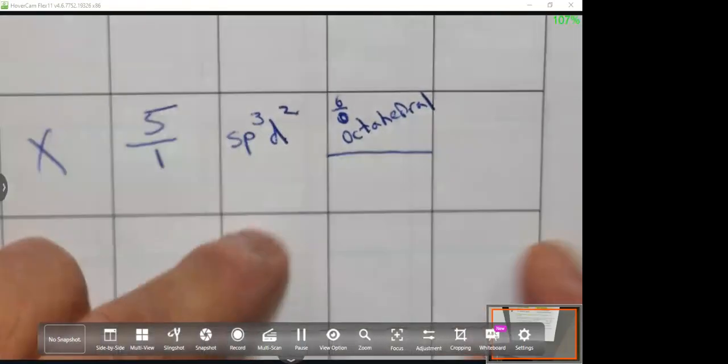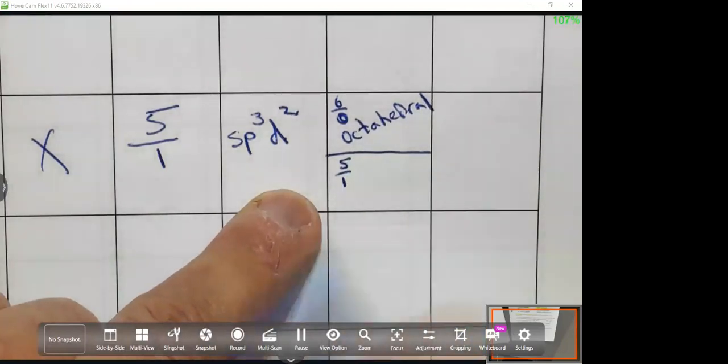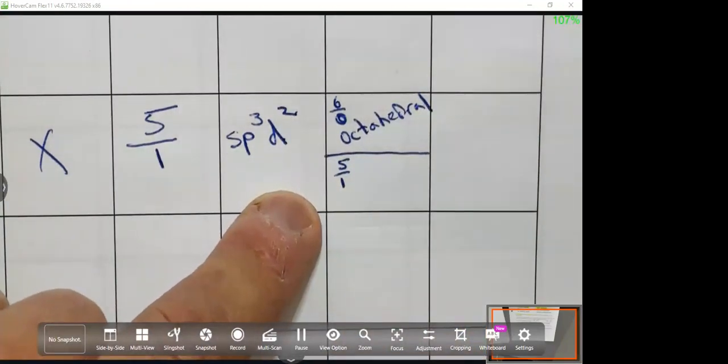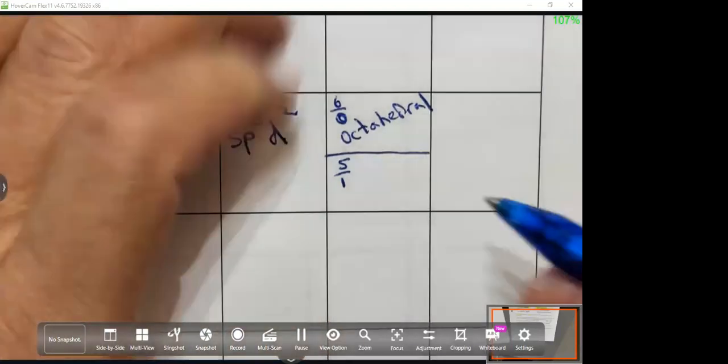What is my true molecular geometry? 5, 1. And a 5, 1 is a square pyramidal.